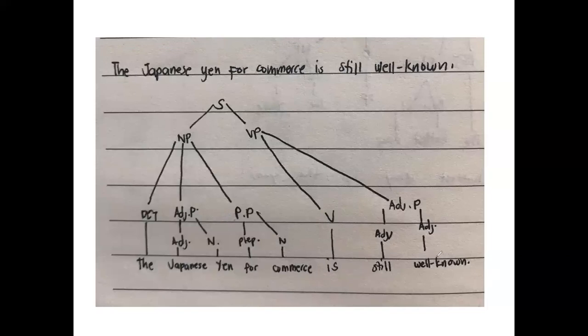But in here, it serves as an adjective, so it is an adjective phrase. Still is an adjective because it defines the well known. It is still currently, and well known defines the Japanese yen for commerce, that it is still well known. So all in all, this is an adjective phrase, ADJP, and that is for number two.